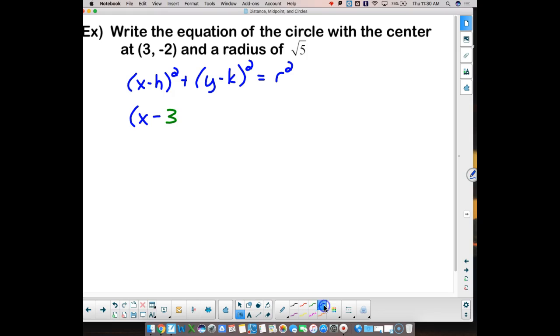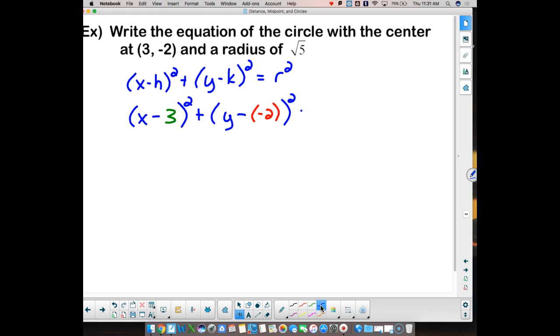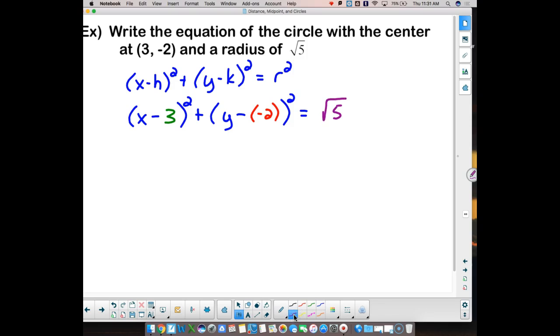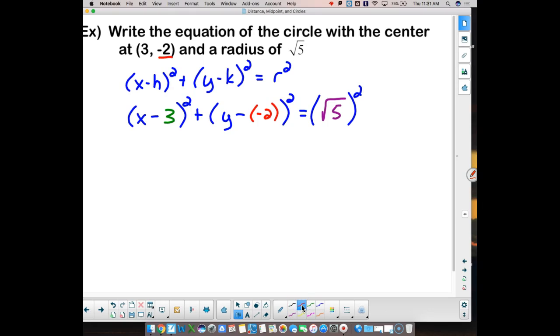So that's going to look like x minus 3 quantity squared plus y minus negative 2 quantity squared equals the square root of 5 quantity squared. From my original problem, here was my k, here was my h, and here was my r.